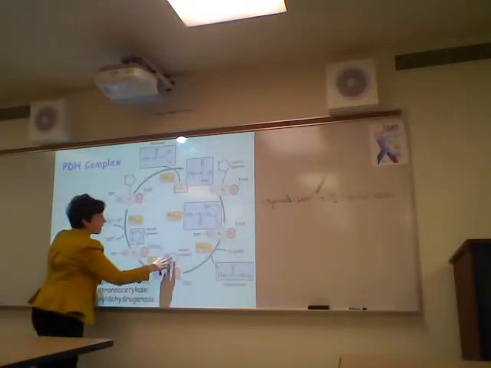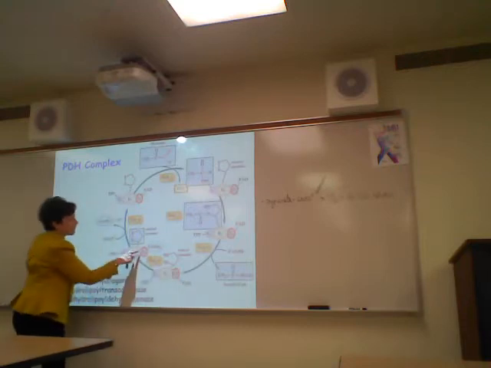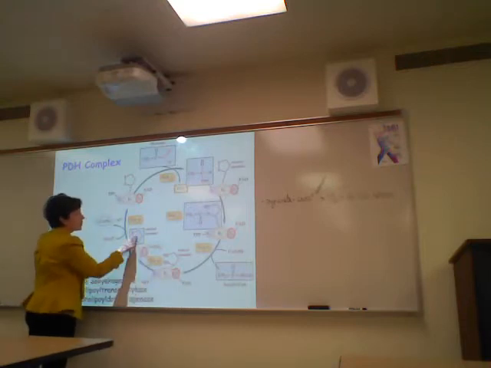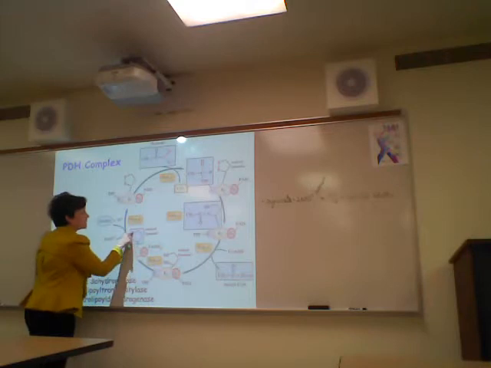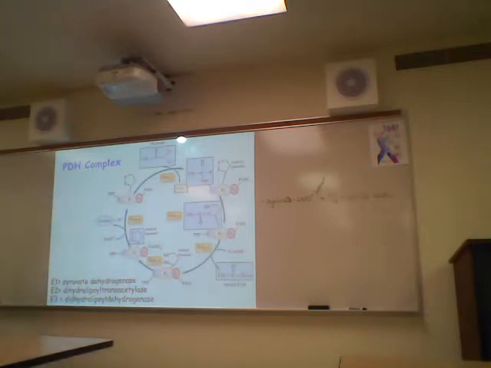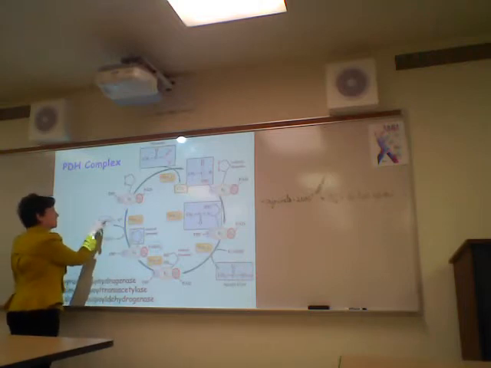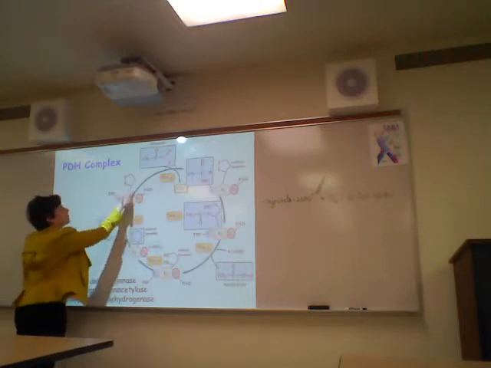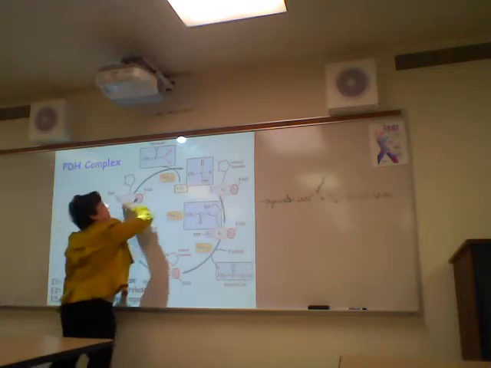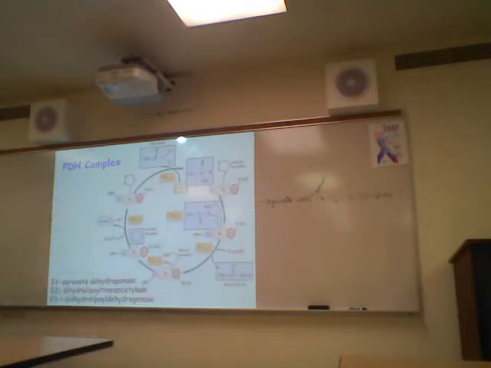And then since our FAD is right there, it's going to become FADH2. It oxidizes that back to the disulfide. And then we can give our hydrogens to NADH, and then we can regenerate our TPP, ready to do the reaction again. So this one has some advantages.